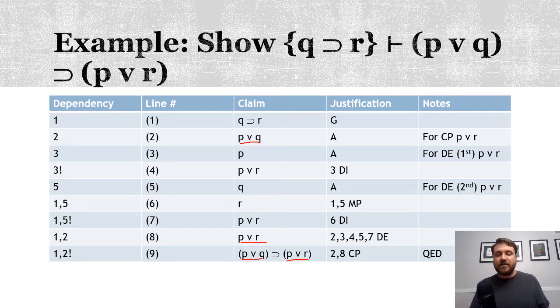And so we can then conclude that if P wedge Q, then P wedge R, and then we can stop assuming the assumption that we made at line 2. We can discharge that. And once that's discharged, the only thing we're left with as a dependency is this last line. It depends on 1, but that's okay because 1 is given, and the proof's done. All right.